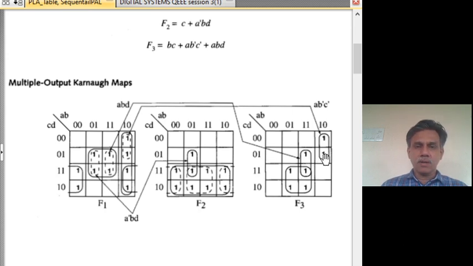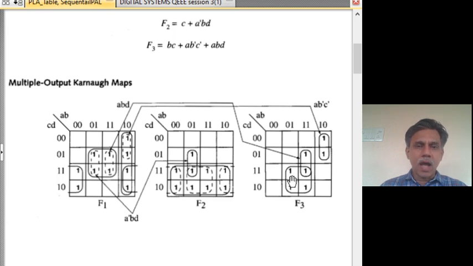There is this 2 square, which you could see is nothing but A B bar C bar, because this is A, this is B bar, and this is C bar. And there is this 2 square, which is ABD, and this 4 square is needed.